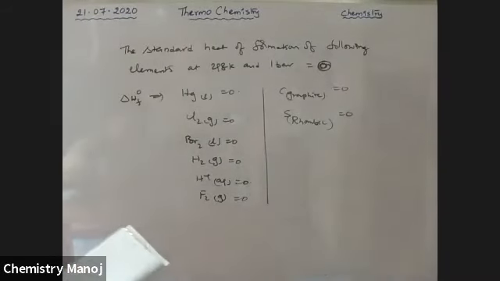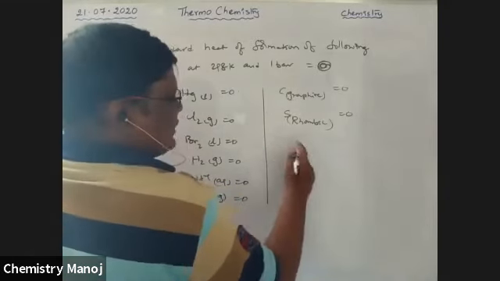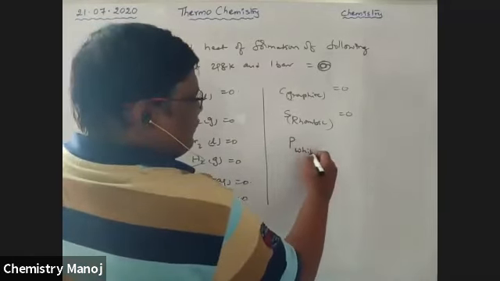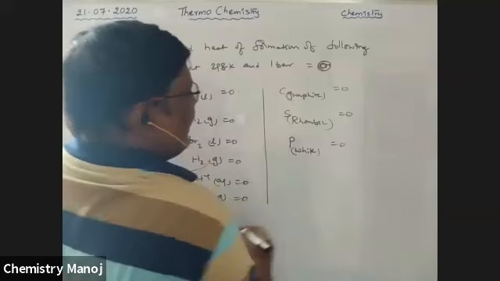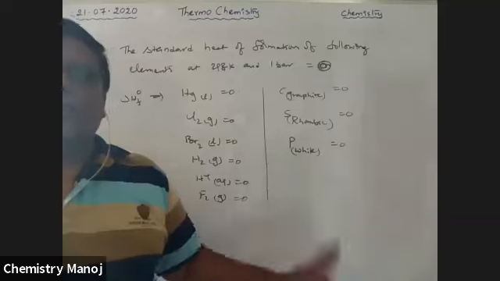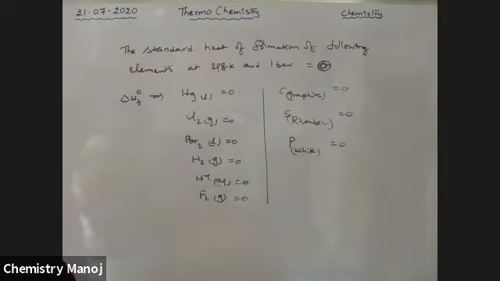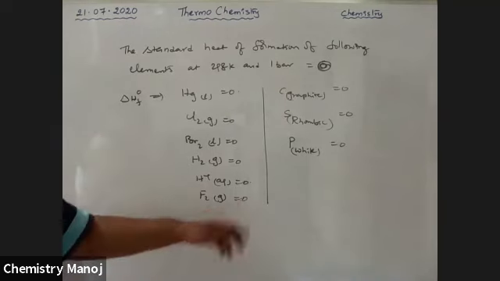Next, phosphorus: white phosphorus is taken as 0. So try to mind it. And the H plus ion in aqueous condition, its delta H formation is taken as 0.